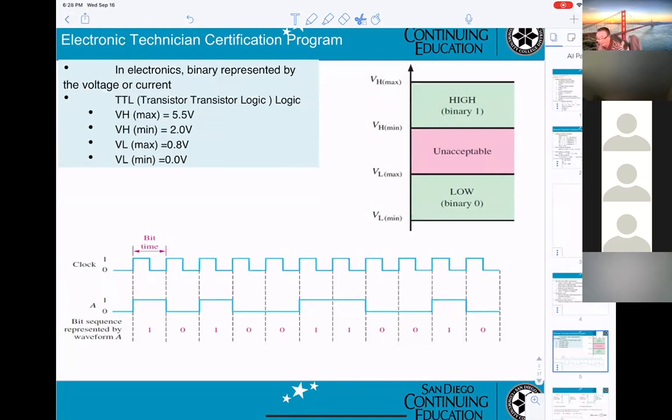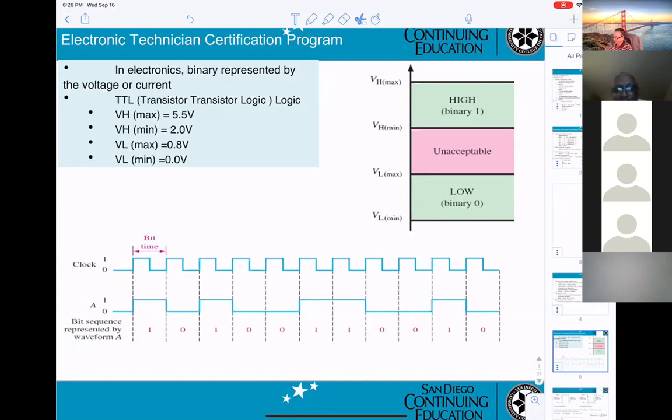Now, the next one. This is the clock signal. That means you can get something like a square wave. The only difference between the clock and the square wave is that the square wave has positive and negative voltage.